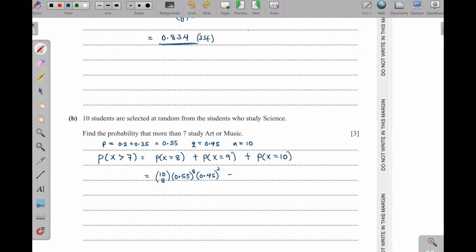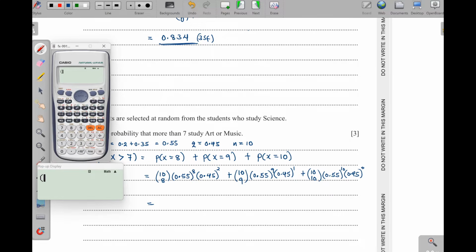And then plus we shall have 10 combination 9, and then we have 0.55 power 9, then 0.45 power 1, and then 10 combination 10, then 0.55 power 10, then 0.45 is to the power of what? 0. So what do we get here? Altogether, I can get the answer.